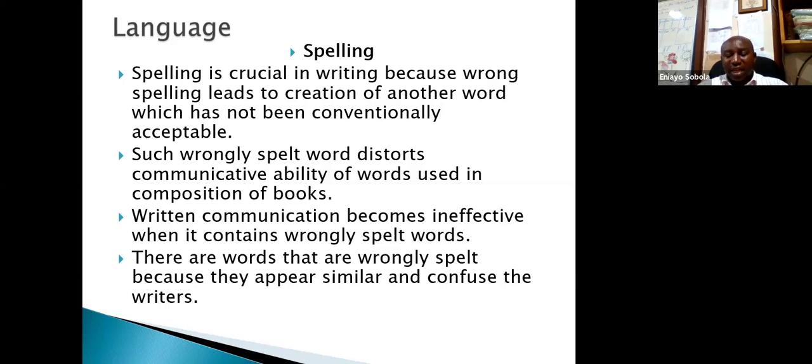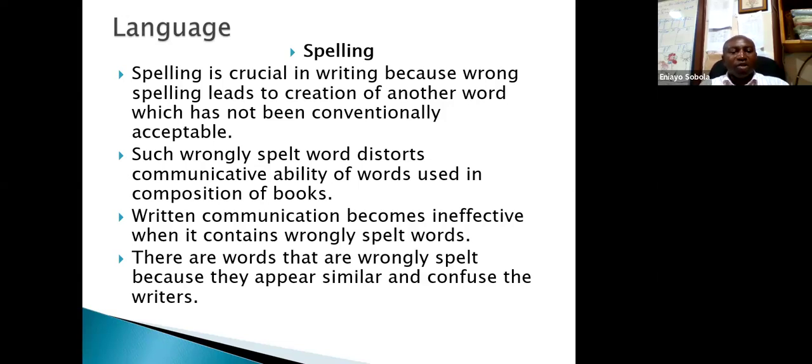If you carelessly click on a particular word which is not actually the word you intend to use, it will distort the flow of thoughts in your write-up. So when you are writing, you need to be careful about the choice of word and the spelling of the word you have chosen. Don't just use a word because you have heard it and commonly use it in speech. Please confirm the spelling of those words.